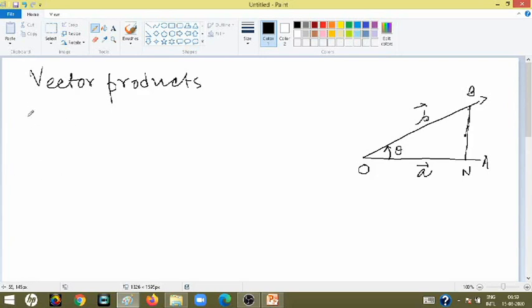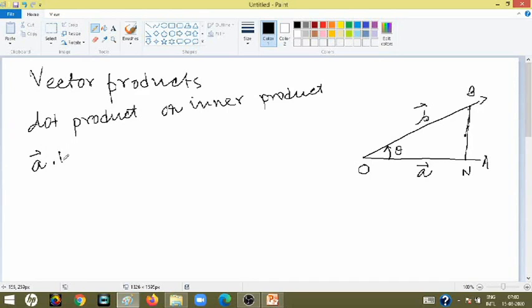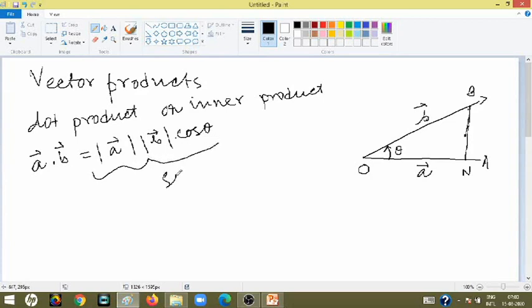Now let us first define the dot product or inner product, which is denoted by A dot B equals A B cos theta. This is a scalar quantity.